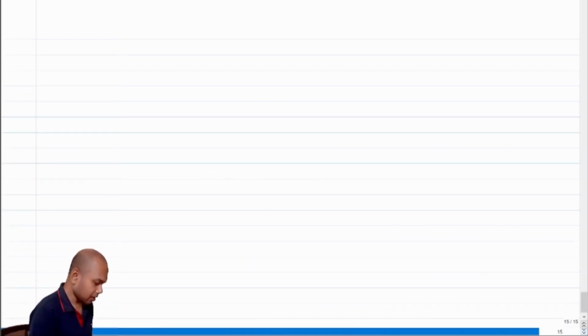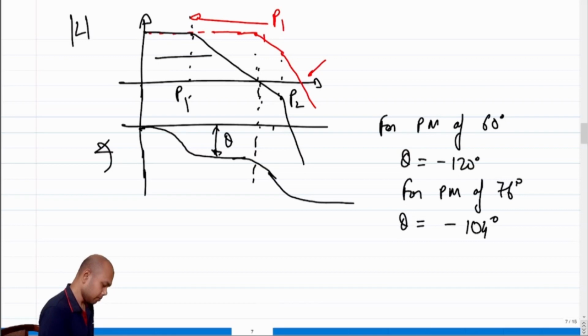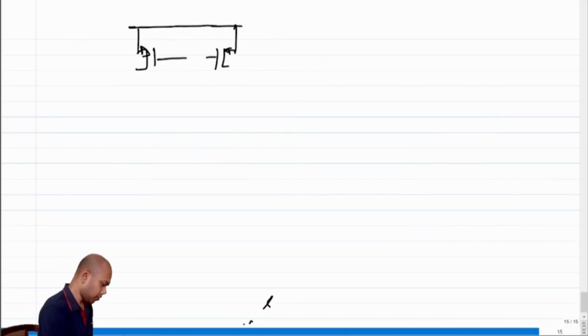So in a nutshell, what does the total final architecture look like? The final architecture of our two-stage operational amplifier is the following.